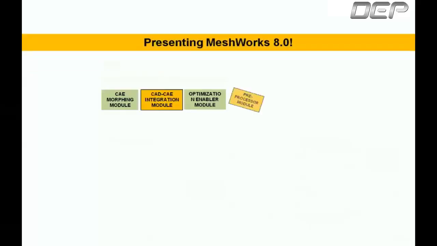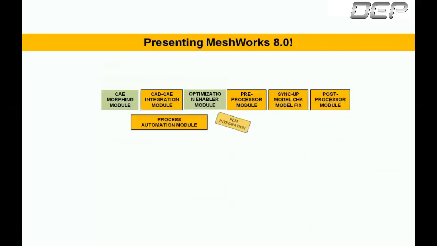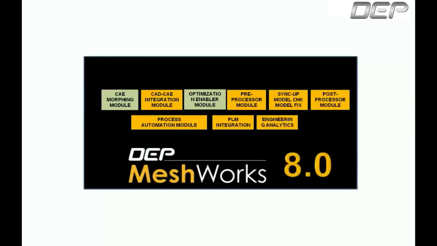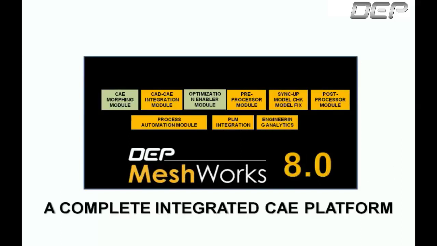So is MeshWorks a newer platform that has come up now? The answer is that MeshWorks has been a leader in the area of morphing and parameterization of finite element and CFD models since a long time. And it had an excellent interface with several optimizers, letting CAE users optimize performance driven by finite element models.